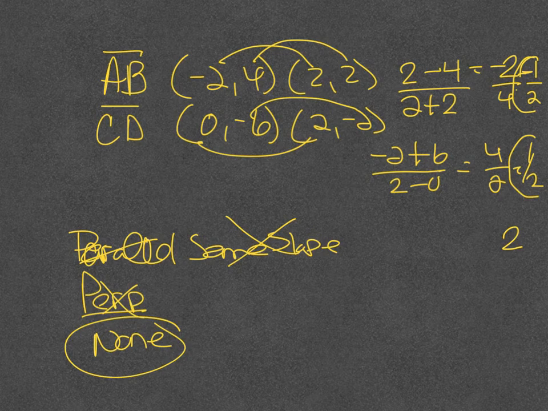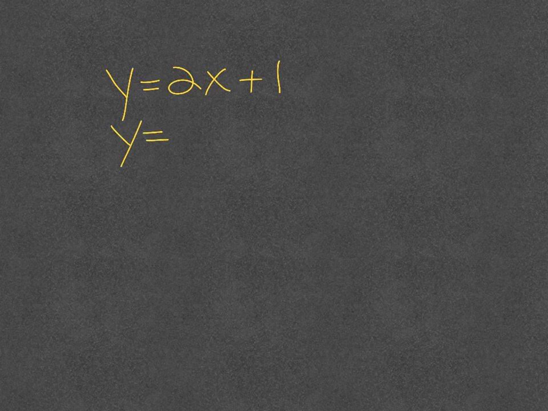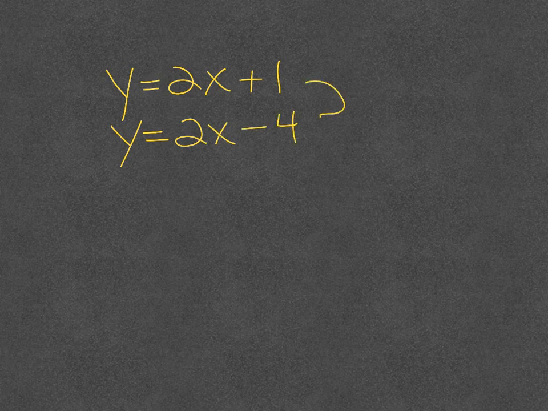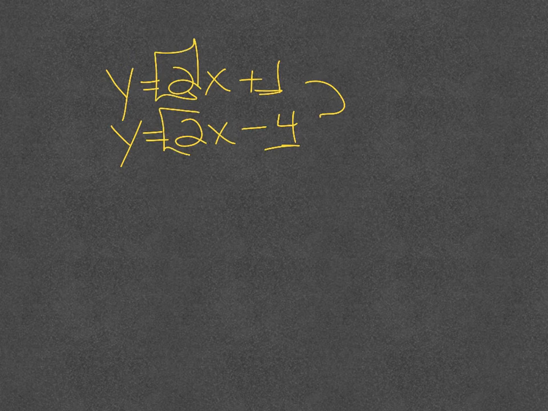All right. Also need to be able to just look at the equation and identify if they're parallel, perpendicular, or neither. So these are two different equations, right? One's got an intercept of -4, one's got an intercept of 1. However, they've got the same slope.